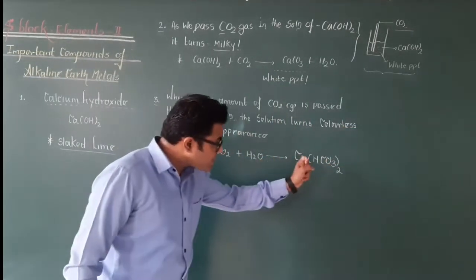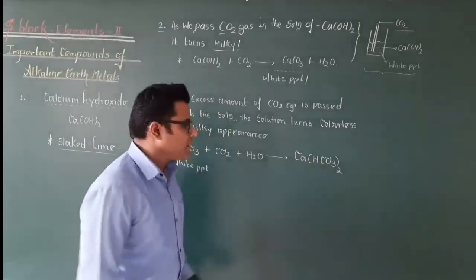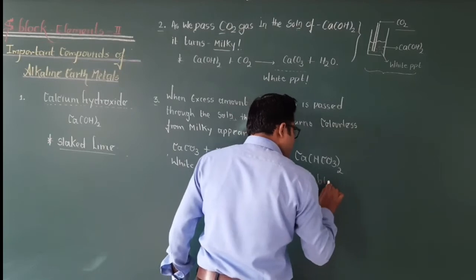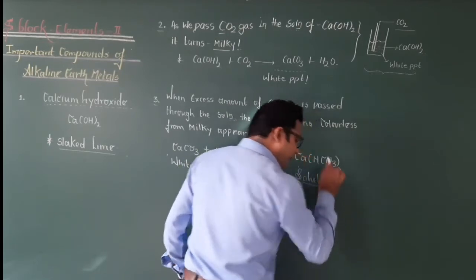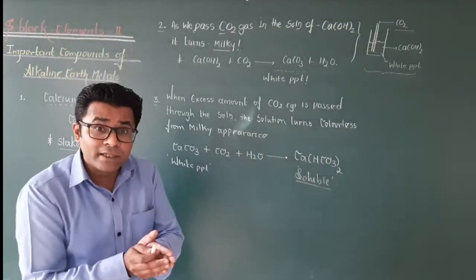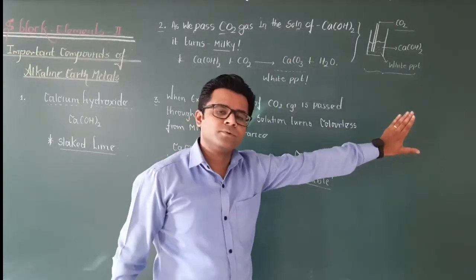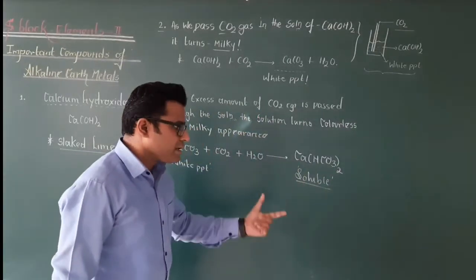This calcium hydrogen carbonate is quite soluble in nature. As this compound is soluble, the white precipitate is converted into a colorless solution. So this is how it works out.